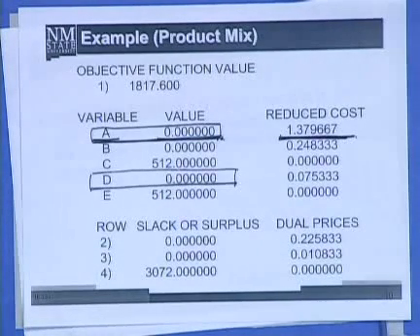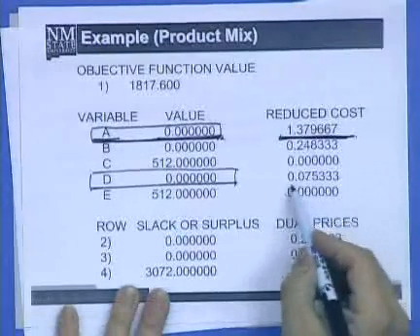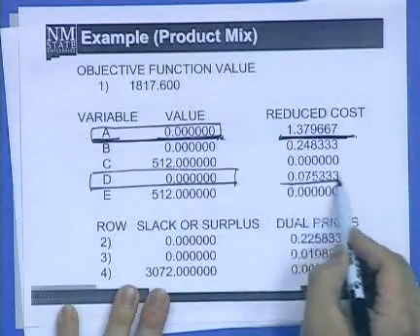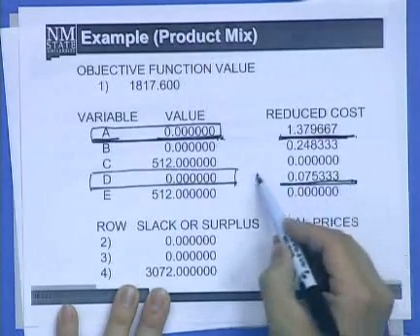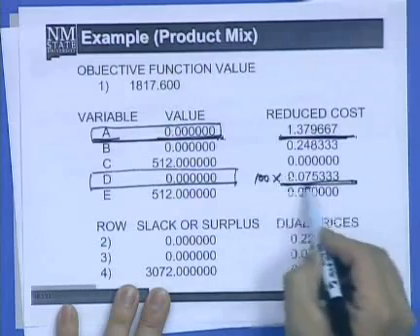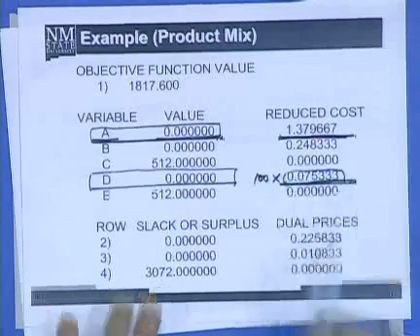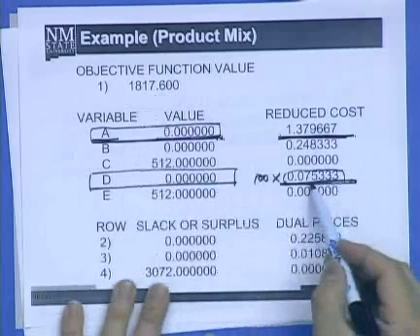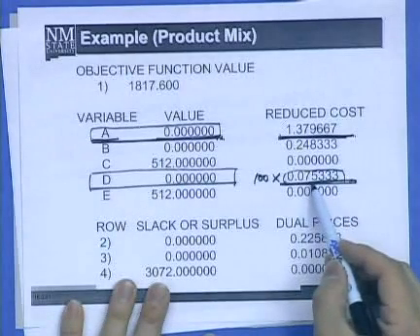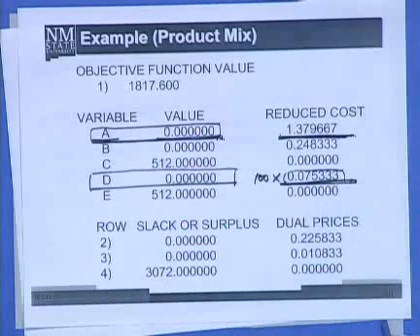What will be the loss of profit in doing that? 100 times 9, right. The objective function value will be decreased by 100 times this reduced cost. Okay? Which means the objective function value will be decreased by 7.5333 dollars per pound. Okay?